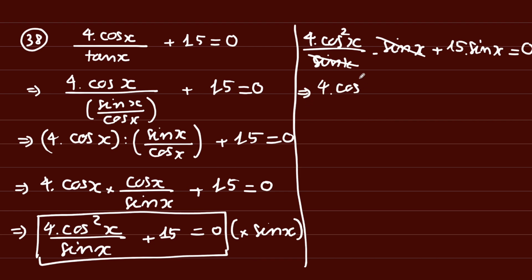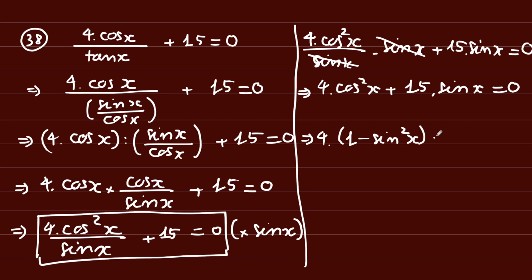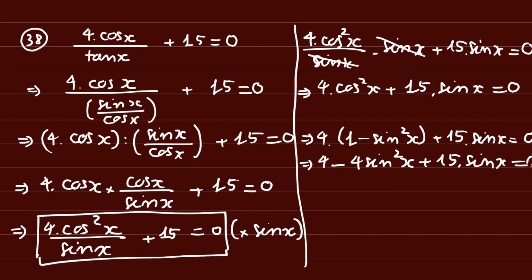You get 4 cos square h plus 15 multiplied by sine h equal to 0 now. And about the 4 cos square h, this is 4 times 1 minus sine square h, plus 15 multiplied by sine h equal to 0. And then expand this, you get 4 minus 4 sine square h plus 15 multiplied by sine h equal to 0.